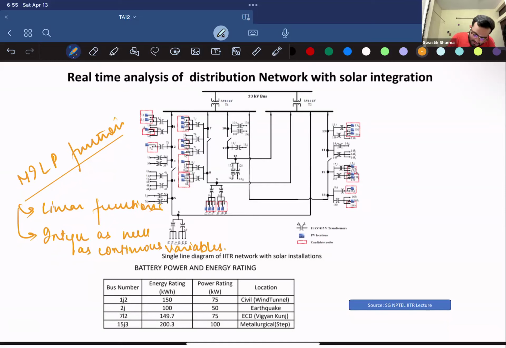So you had an objective function which was to minimize voltage variations, right?